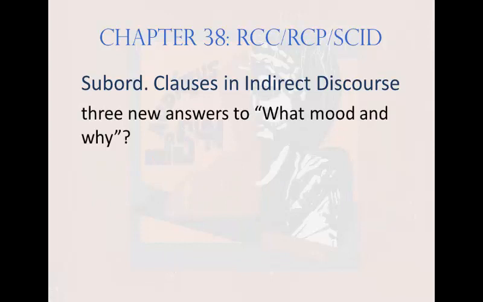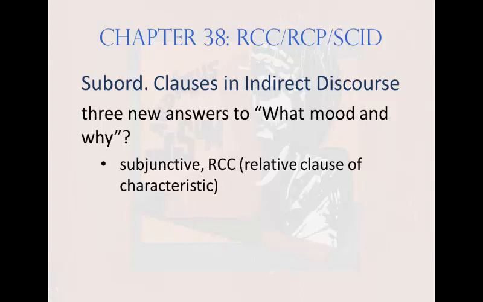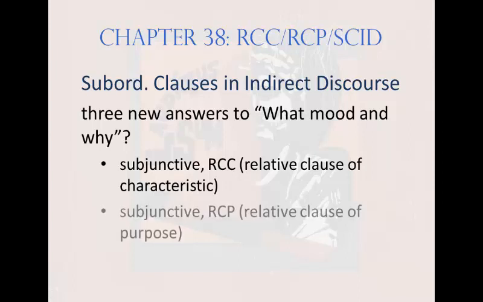The upshot of all of this is that when a Latin verb is subjunctive, there are three new answers to the question, what, mood, and why. RCC, relative clause of characteristic, when the antecedent of the relative pronoun is generalized, that is, the type who.